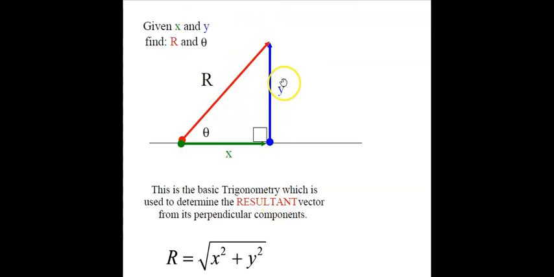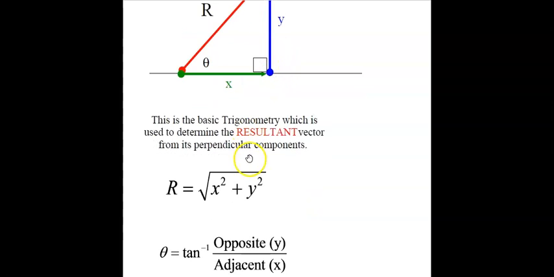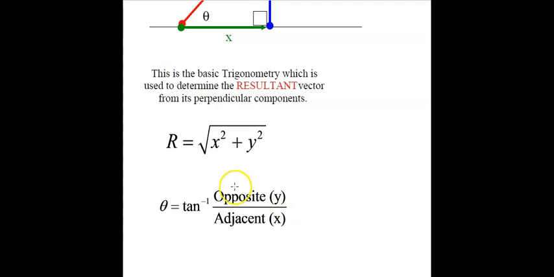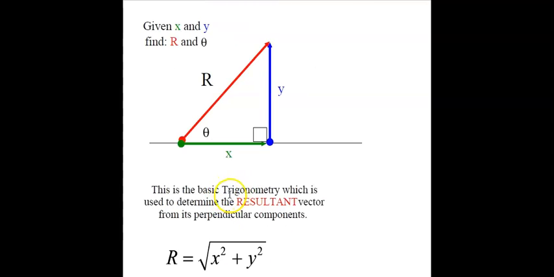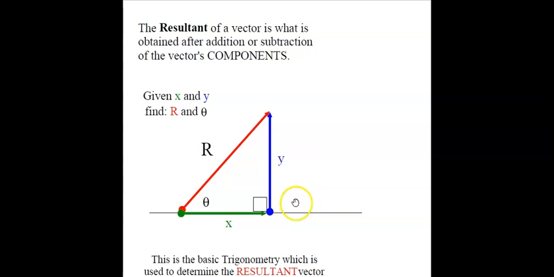So it would be the y divided by the x. That ratio, take the arctan, and now you know the angle. So if you had to take an x component and add it to a y component, you simply Pythagorize, and then you take the arctan, and that's how you determine the resultant vector. It is the result of adding the green plus the blue.